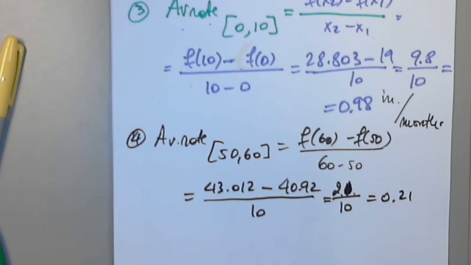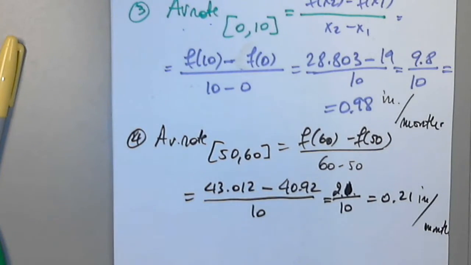It's a ratio. It has to have a measurement unit that is a ratio. Inches per month. So between the age of 50 months and 60 months, the girls grow at a rate of 1/5 the rate between 0 and 10. Awesome. Very good.